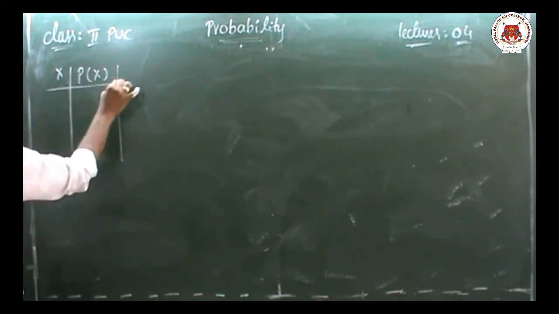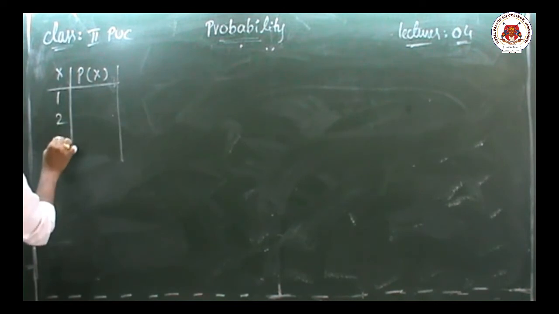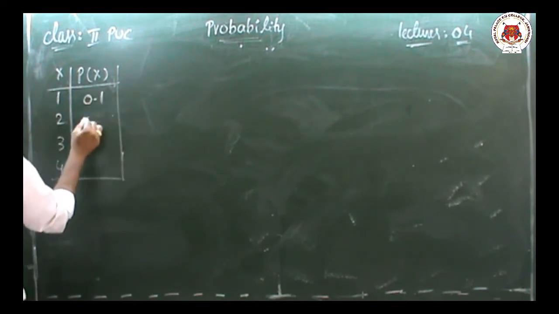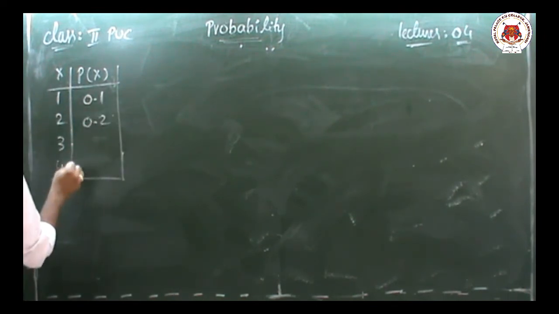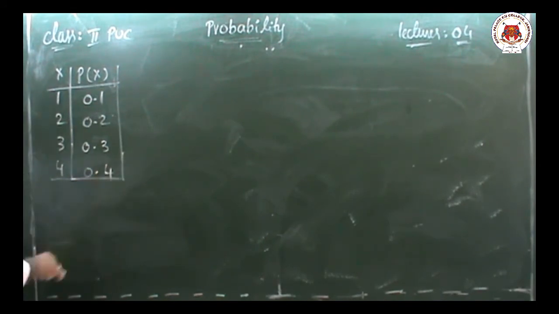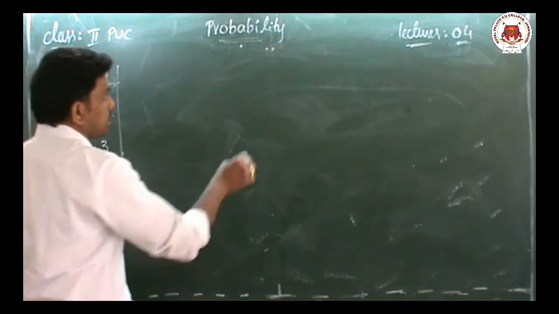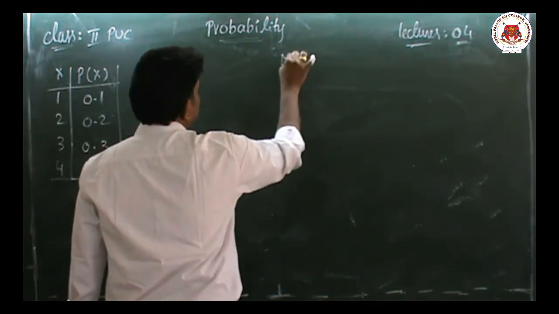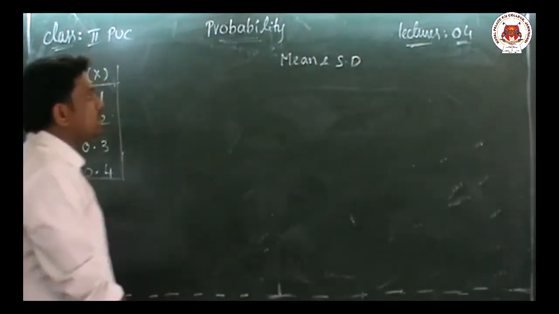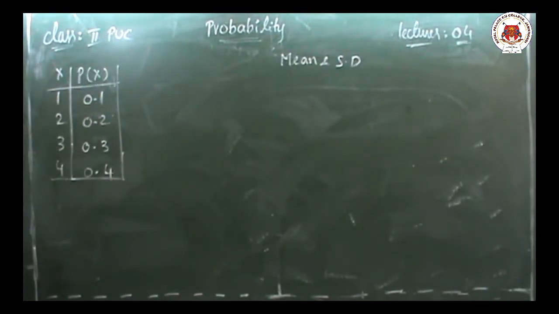X values are 1, 2, 3, 4. And p of x values are 0.1, 0.2, 0.3 and 0.4. He is asking to find the mean and standard deviation. This is the question he is asking.